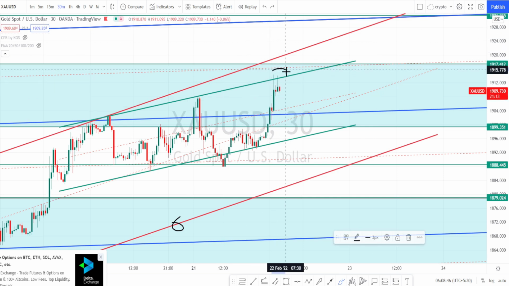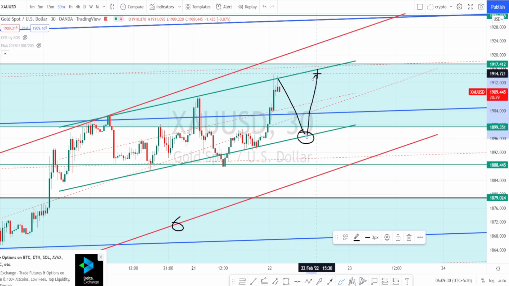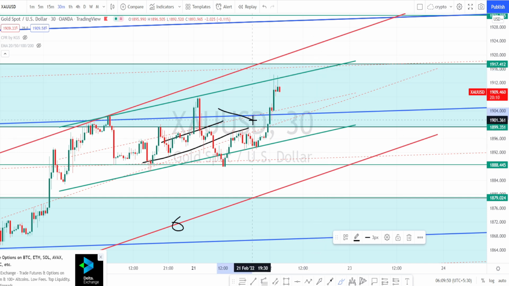Within this bullish channel pattern, it has tested this level of 1914 and it is on a retracement. I am expecting it to bounce back and take support on this bullish channel pattern support line, then to bounce back on the bullish trend. So the current trend in the 30 minutes time frame also is a very strong bullish trend for now.